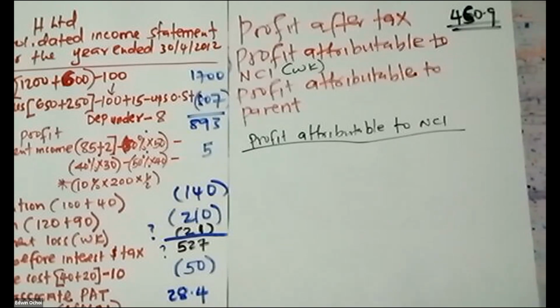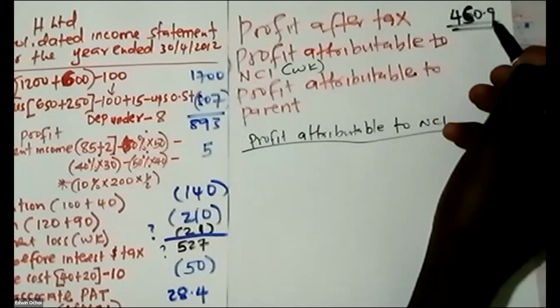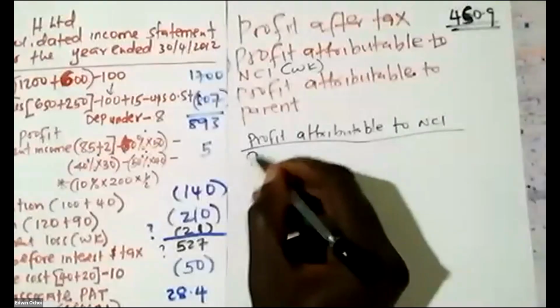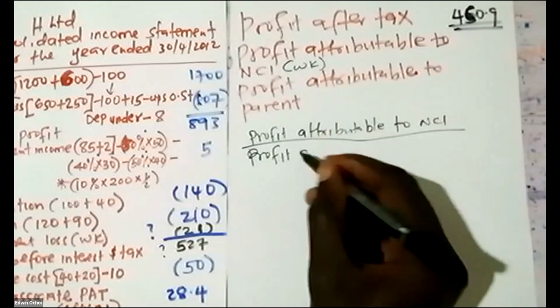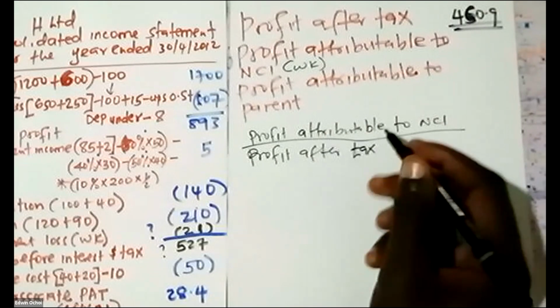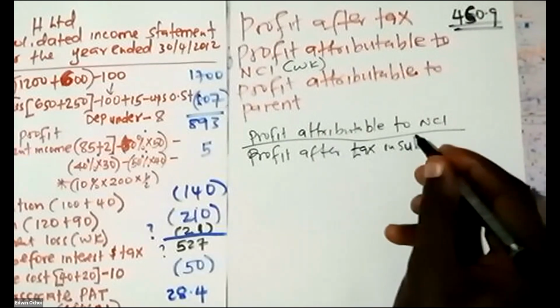So you cannot say that after getting this profit after tax, we multiply with 20%. That's when you would be doing an incorrect computation. So what you have to do is an adjustment of the profit after tax in the subsidiary.